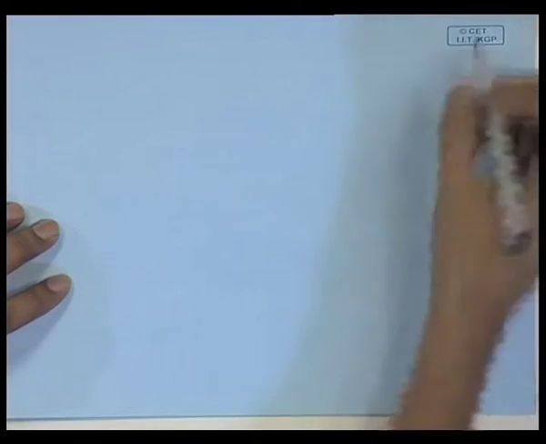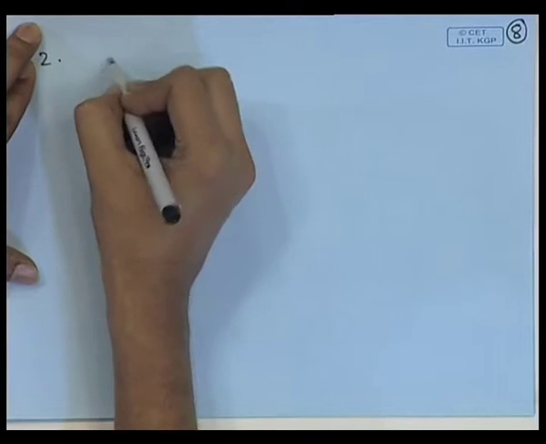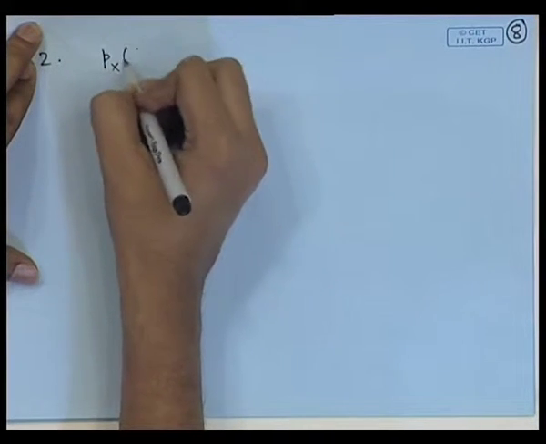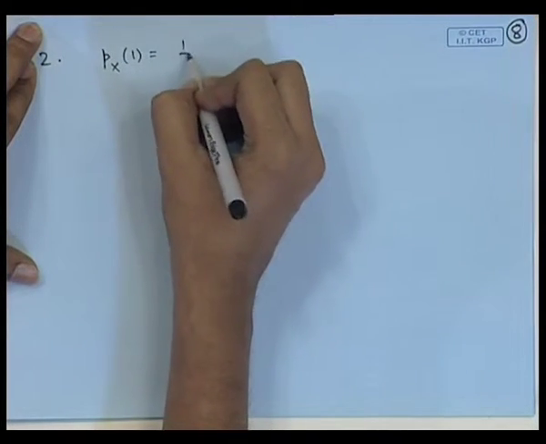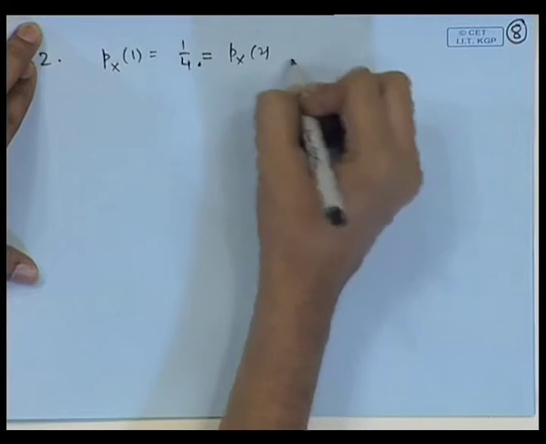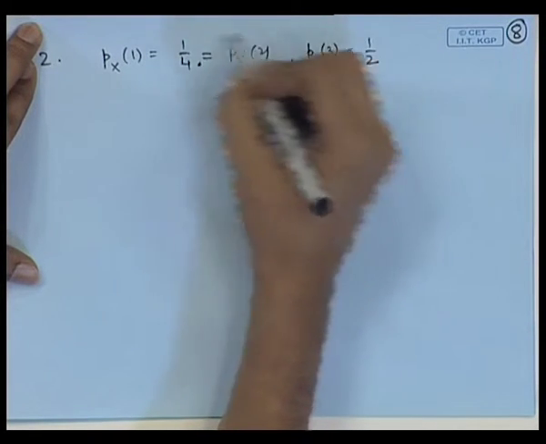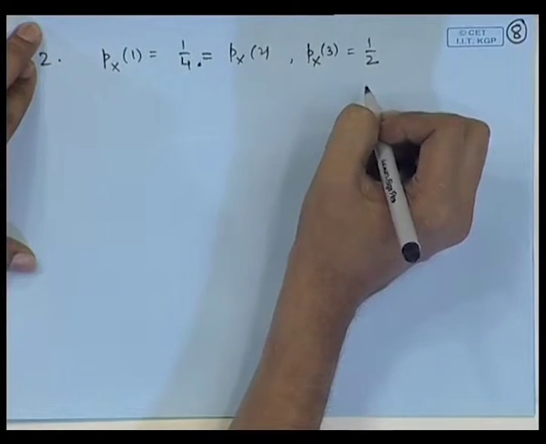Let us look at the next problem, where p_x(1) was 1 by 4, p_x(2) was 1 by 4 and p_x(3) was half. That is the number of trials needed for getting the defective bulb.